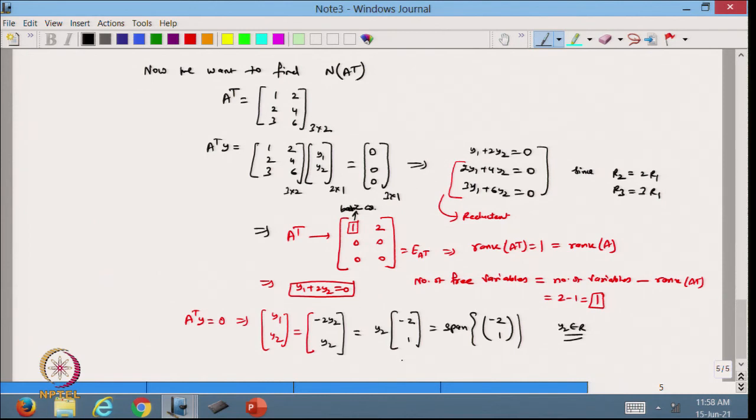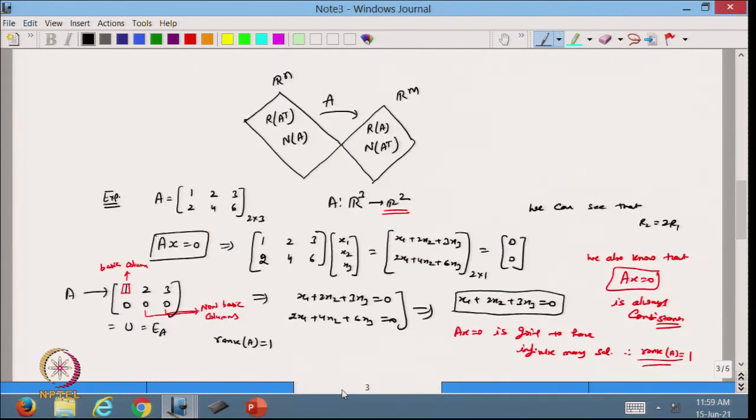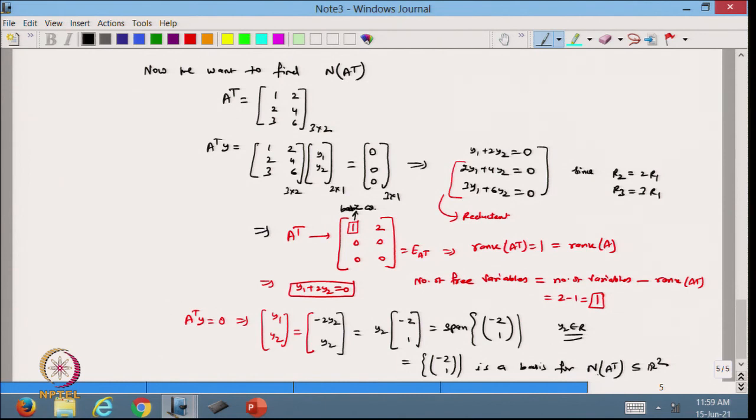So, from here I can say that the set with one vector is a basis for the null space of A transpose, and that we also know is a subspace of R2, because we started with this matrix. It was from R3 to R2. So, the null space of A transpose belongs to this and it is spanned by this.